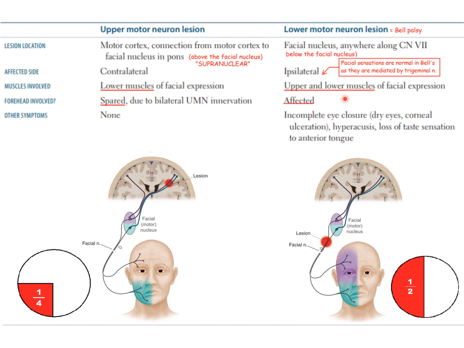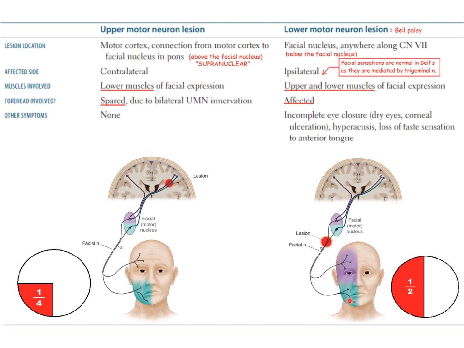Whereas with infranuclear lesions, both the upper and lower muscles of facial expression would be affected and the damage would be seen on the ipsilateral side, that is the same side on which the facial nerve is damaged. So in Bell's palsy, as we said, if the damage involves the right facial nerve, it would manifest as full face paralysis on the right side of the face.